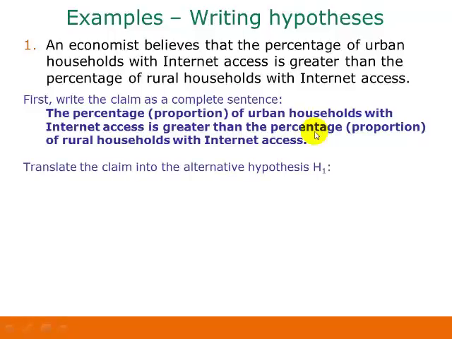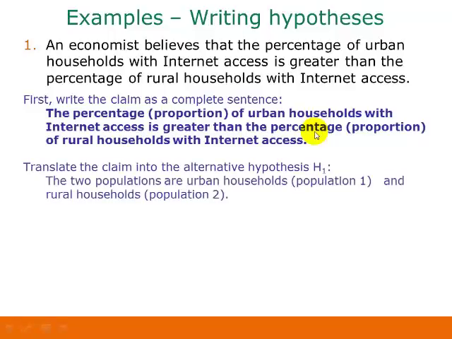Now we want to translate this into an alternative hypothesis. So we do have to decide which our two populations are. The easiest way to do this is to make population 1 the one that's mentioned first in your claim, just because it's easier that way to translate it into an inequality. So let's say that our two populations are urban households, population 1, and rural households, population 2.